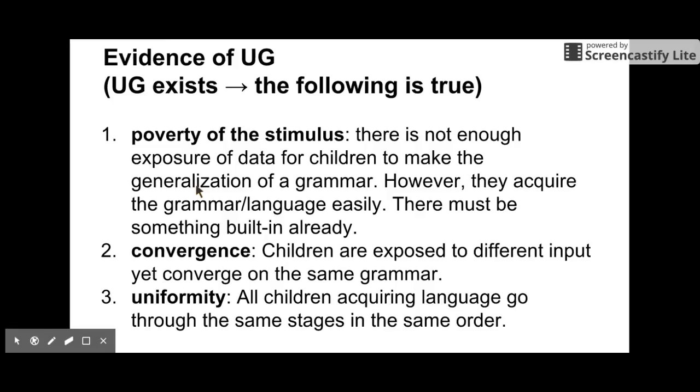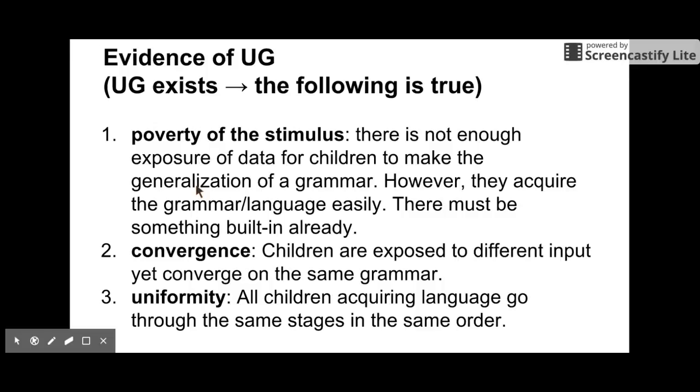The other evidence is convergence. Children are exposed to different inputs. However, they have the same grammar.